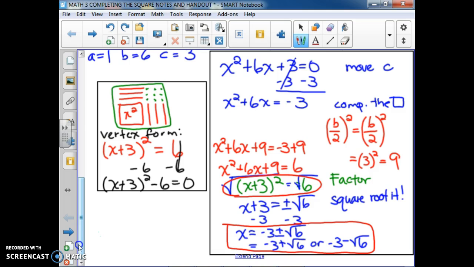Now I have vertex form. So the vertex of this is going to be the opposite of h, k, and for this particular quadratic, it will be negative 3, negative 6.